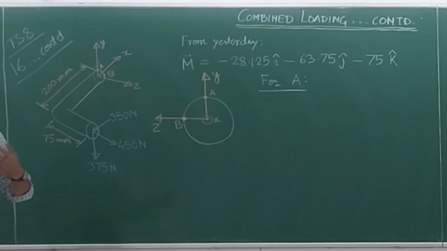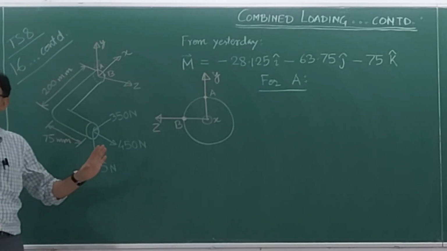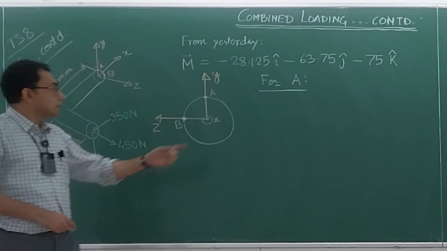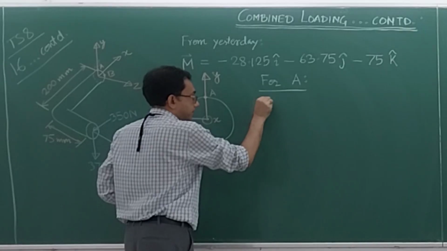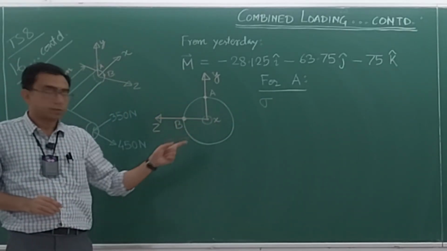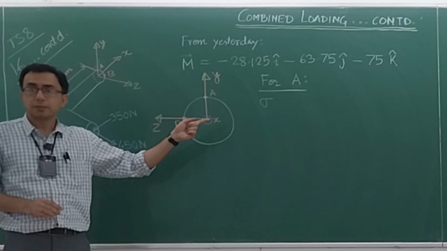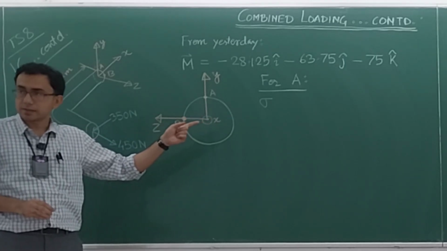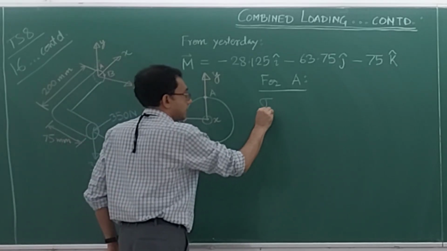Those are further post-processing. The first thing you have to figure out is the state of stress. Now, for A, there will be one normal stress. When I refer to this, what subscript should I write? Sigma XX. All right, so this is sigma XX.